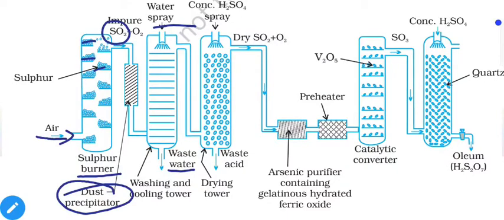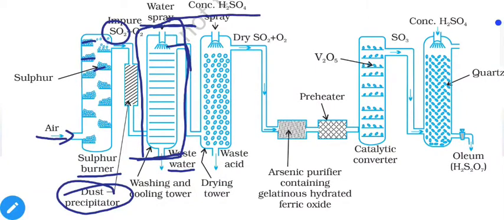Now later, when the gas passes through the second tower, because of the spray of water it contains moisture or vapor. To remove this moisture we will spray H2SO4. H2SO4 attracts water, or acts as a dehydrating agent, so it will remove the water vapors and you will get dry sulfur dioxide along with oxygen.